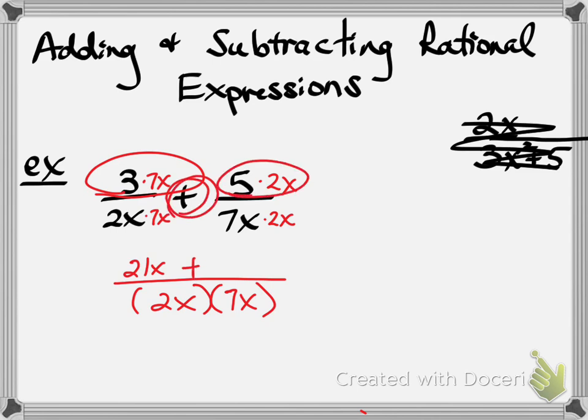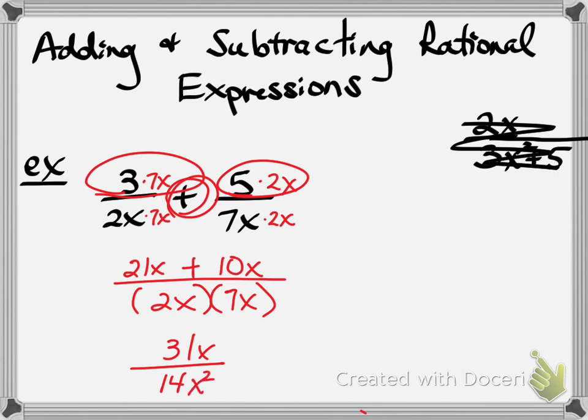Then you multiply these together and you get 10x. And we already wrote the denominators. And then you just try to combine like terms in the top. Sometimes you can, sometimes you can't. But 21x plus 10x is 31x over 2x times 7x is 14x to the second.